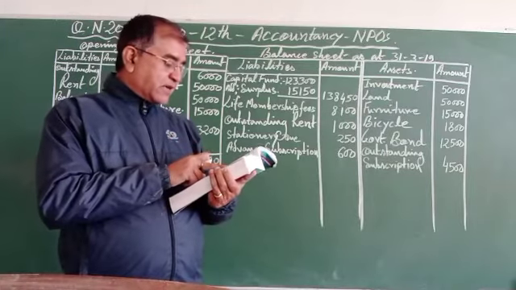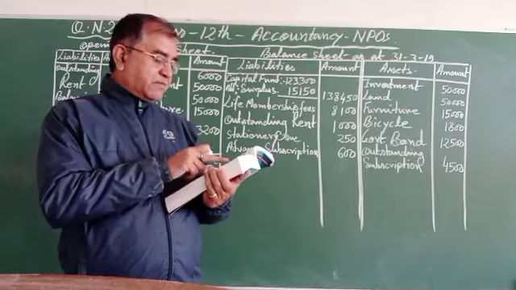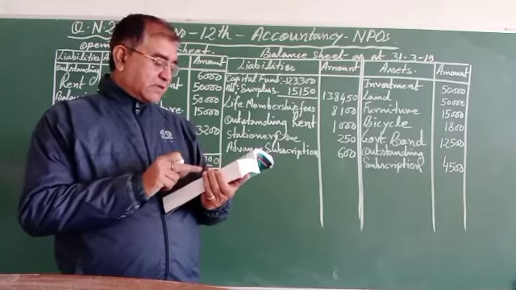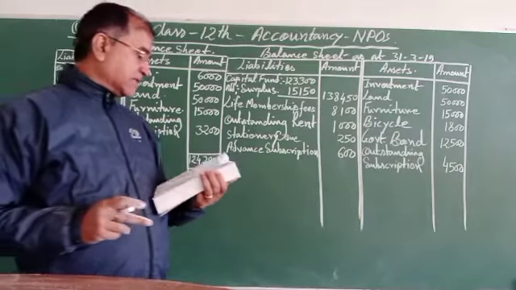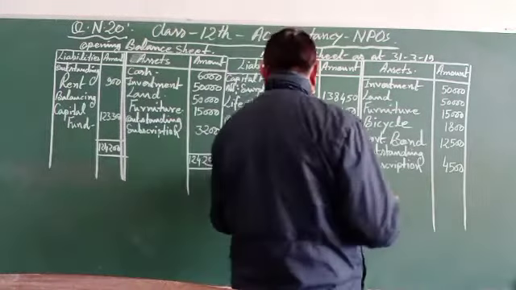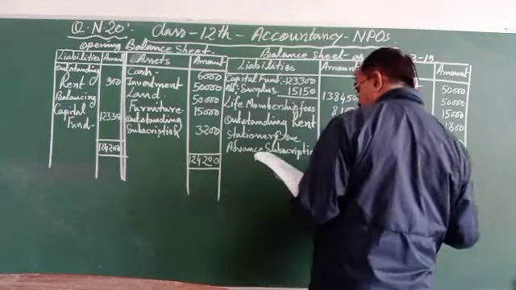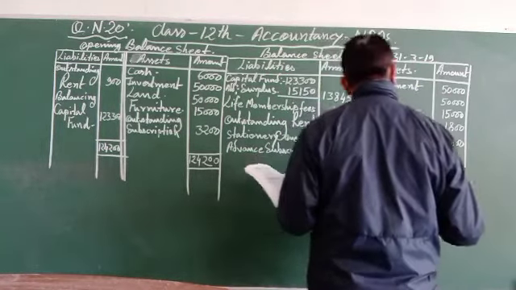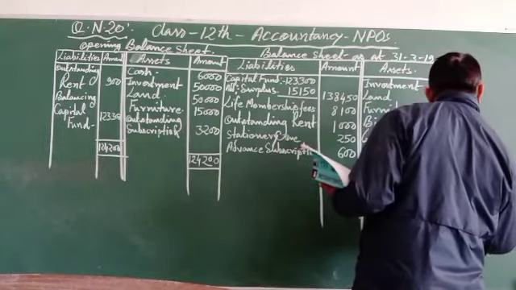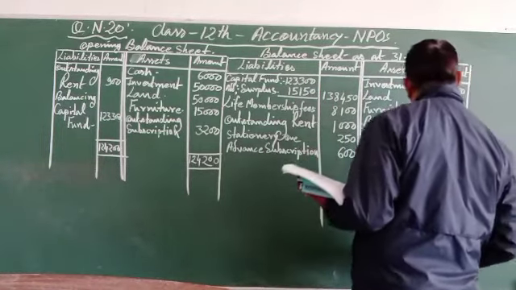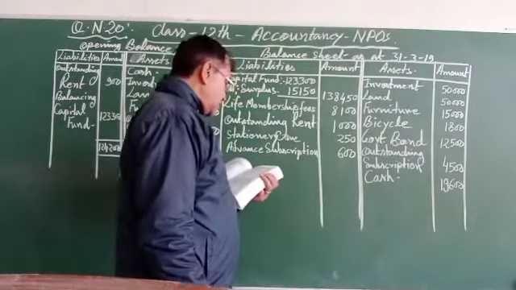Again subscription, in the assets column bicycle, government bonds, then cash available, cash in the receipt column, 19,600.